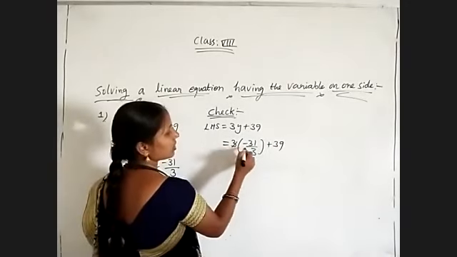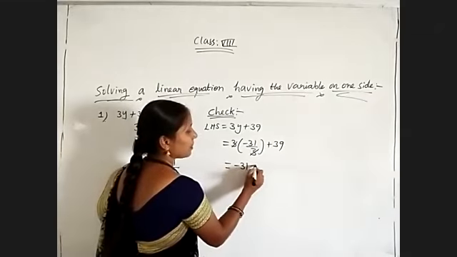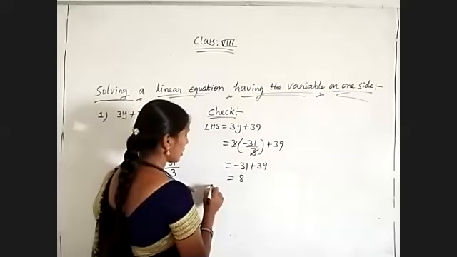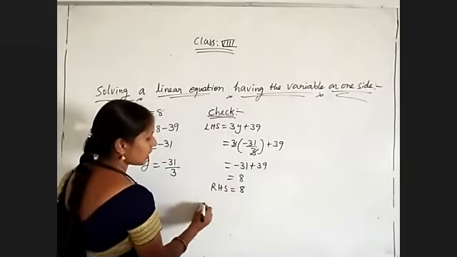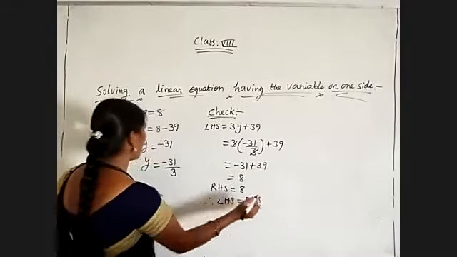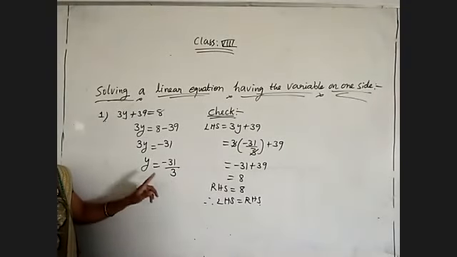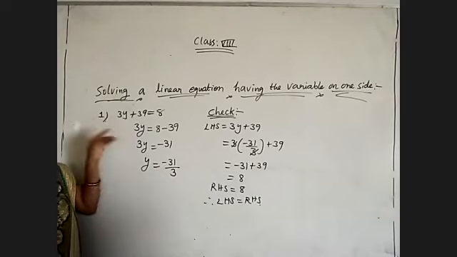The 3s will get cancelled. Minus 31 plus 39. 39 minus 31 is nothing but 8. What is the RHS given in the equation? 8 only. So therefore LHS is equal to RHS for y is equal to minus 31 by 3. That's why y is equal to minus 31 by 3 is the root or solution of this equation. Okay.